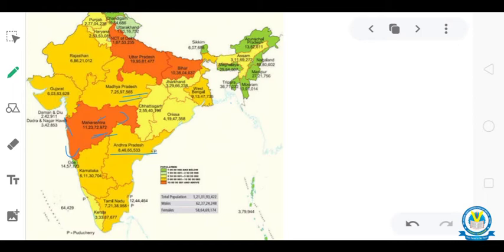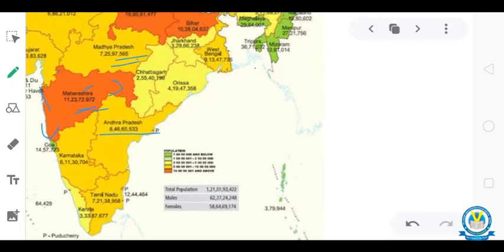Actually, first we estimate the total number of people living in a particular place. For example, in Andhra Pradesh, first we need to check the total number of people living in Andhra Pradesh. Then they measure the area of the place and divide the number of people by the area of the place.